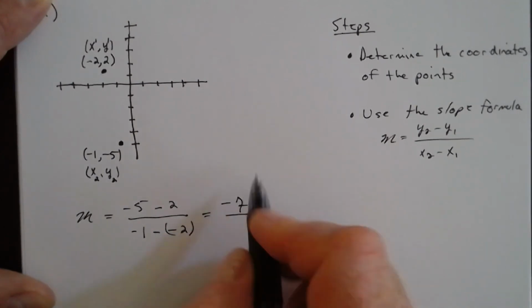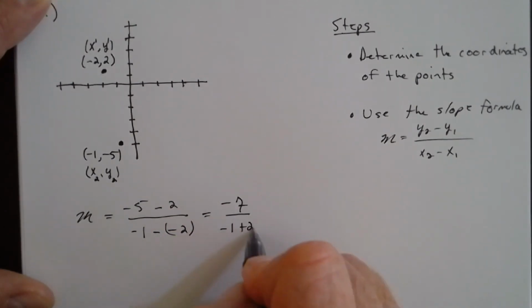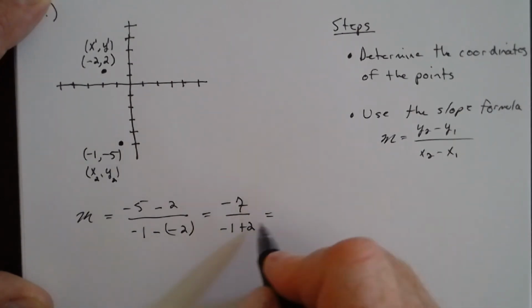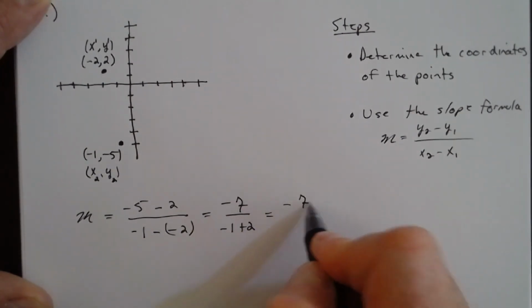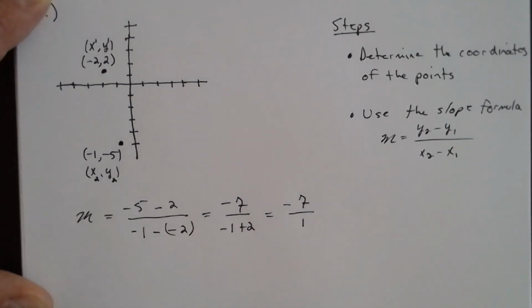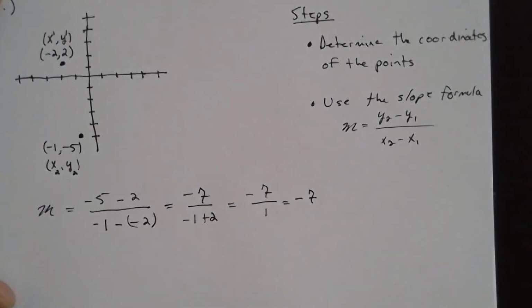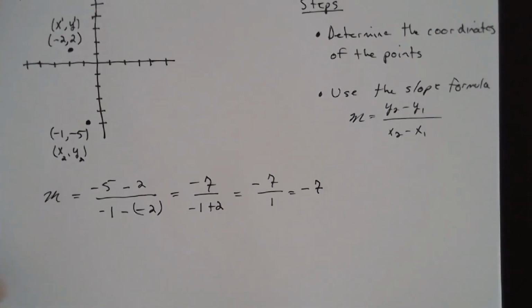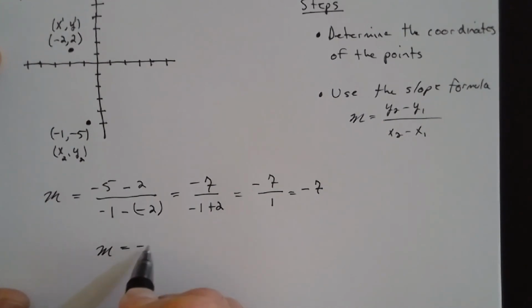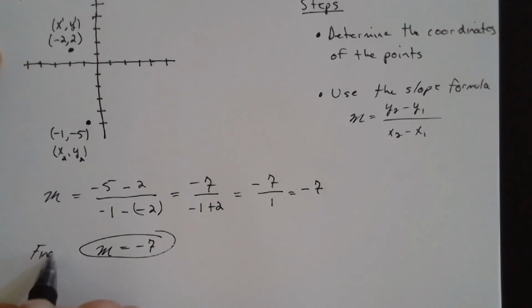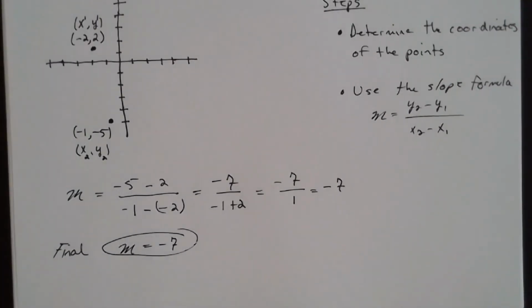And that's going to be negative 7 over 1, which is just negative 7. So our slope is negative 7. And that's the answer. So m is negative 7. And that's final.